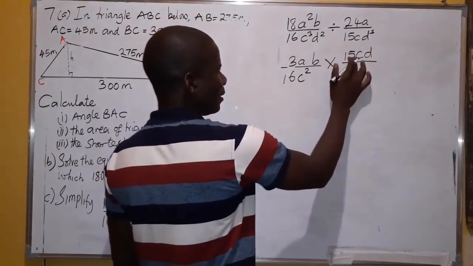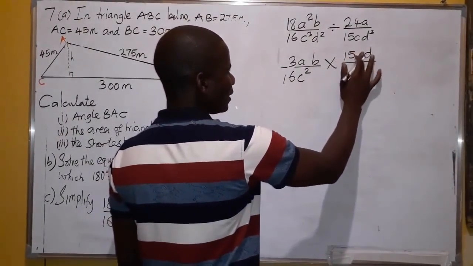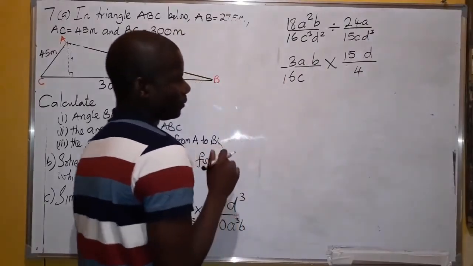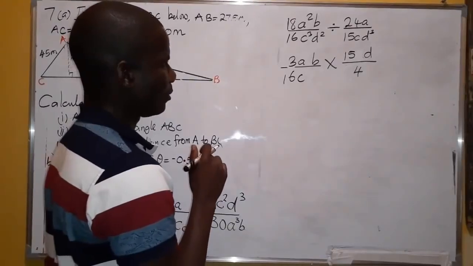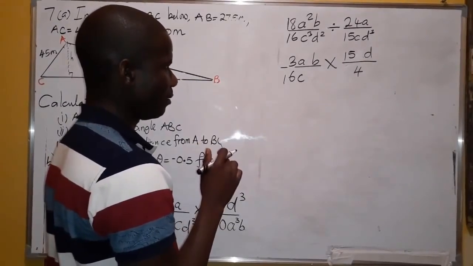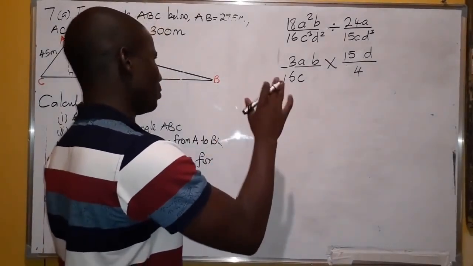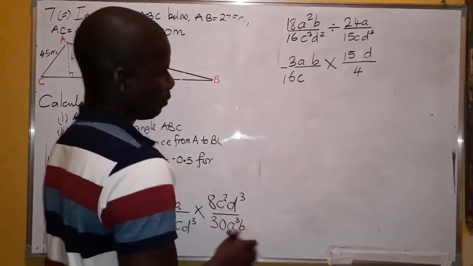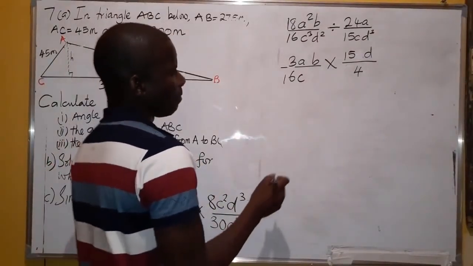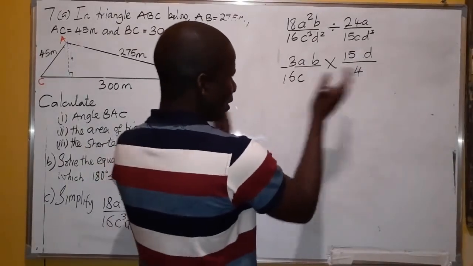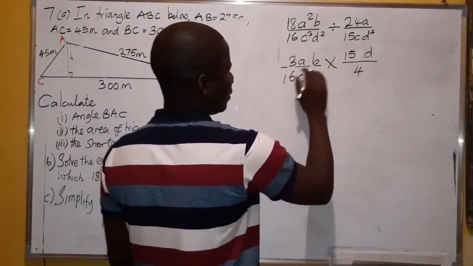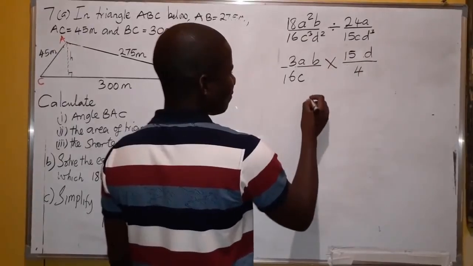On c, here we have got 1 c, here we have got 2 c's. So 1 c will go. Okay? Is that clear? This is what we're going to remain with at this point. Now, maybe just to make our work easier, we can multiply this one and this one. So this is going to be 3 multiplied by 15.